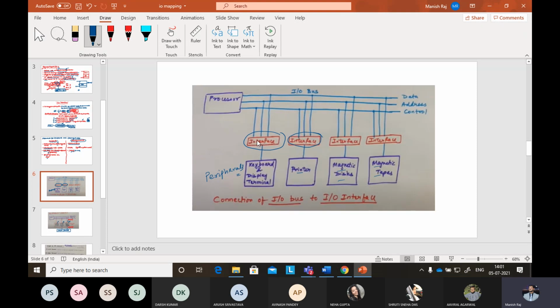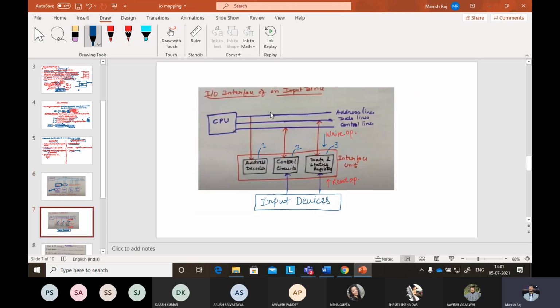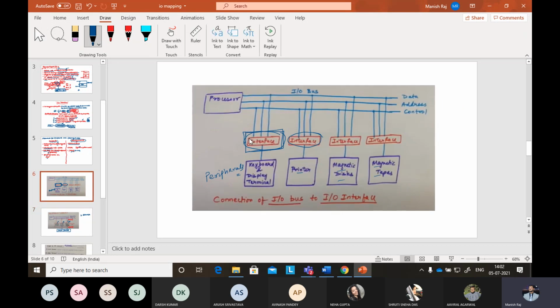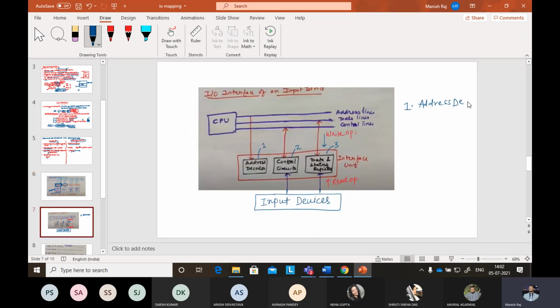So what is present in the interface? Now we can see a diagram of the interface. In the interface you can find three things. First is the address decoder.